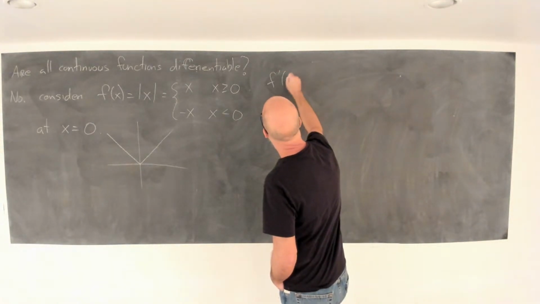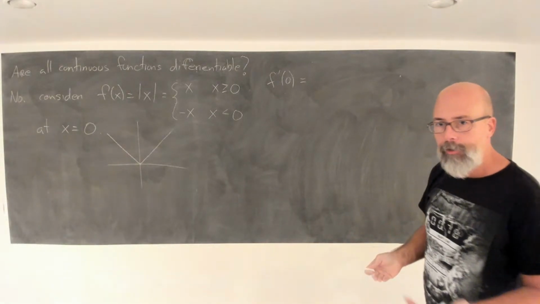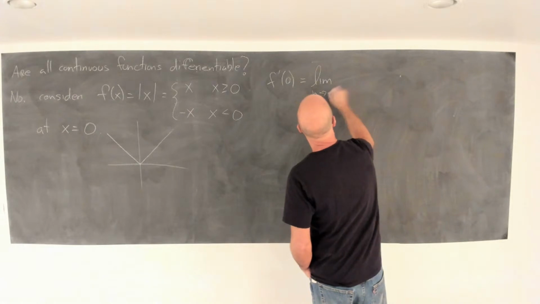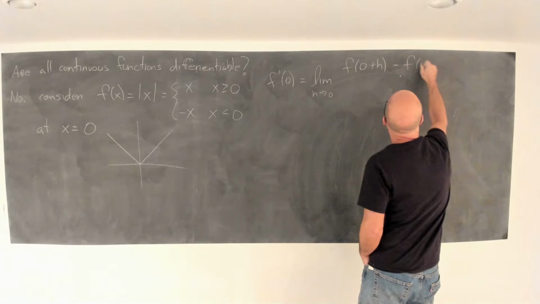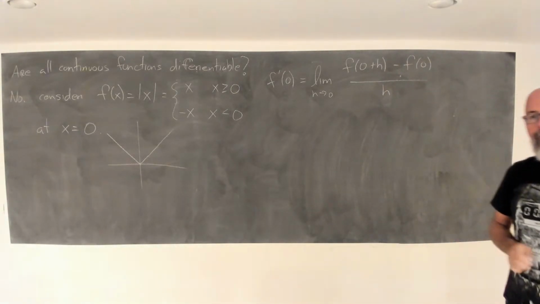What is the derivative at 0? Well, by definition, this is the limit as h goes to 0 of f of 0 plus h minus f of 0 over h. Right?